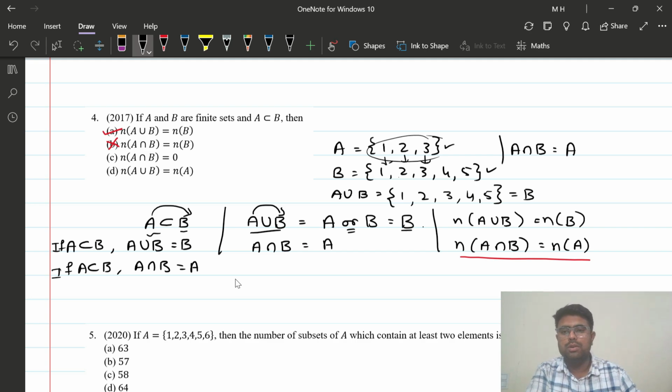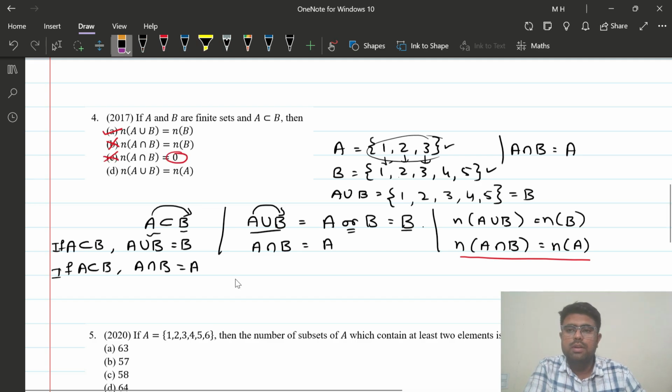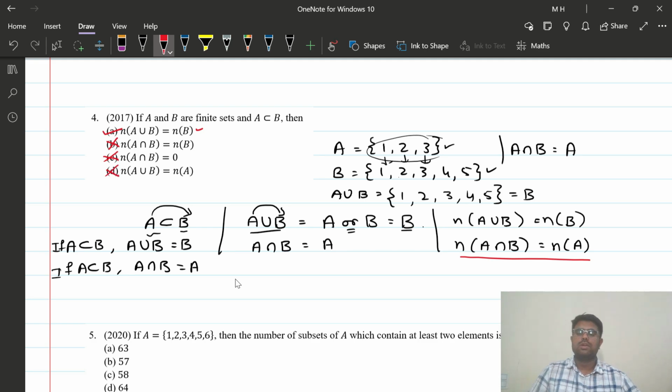So absolutely no. The next one is N of A union B is equal to N of A. Of course no, it is N of B, so this is also wrong. So certainly it must be option A.